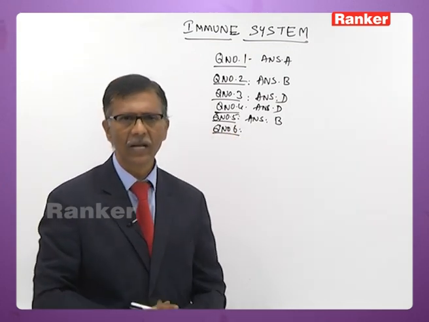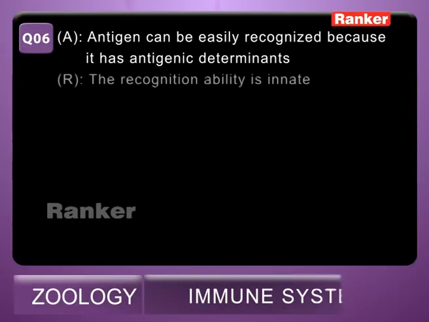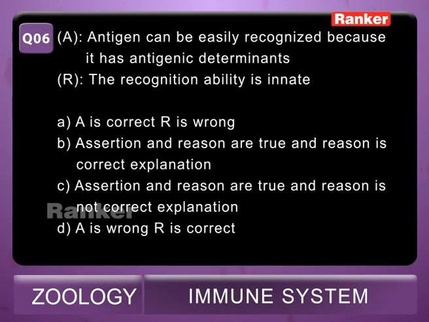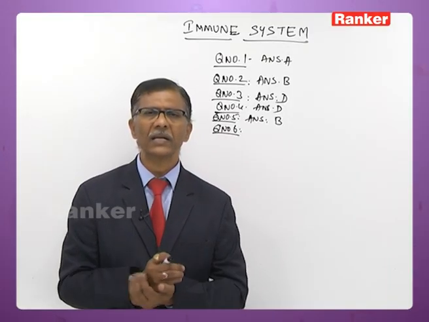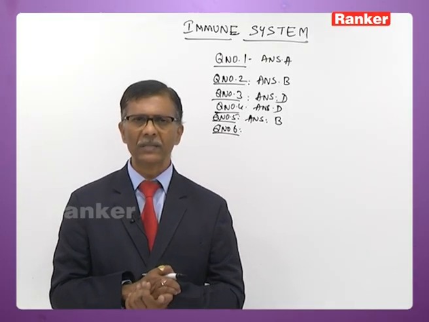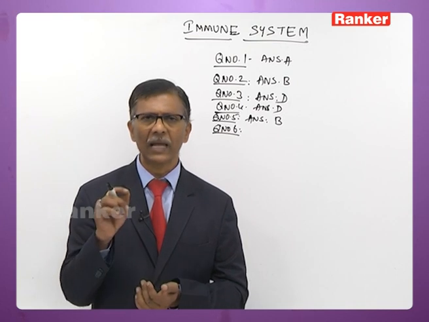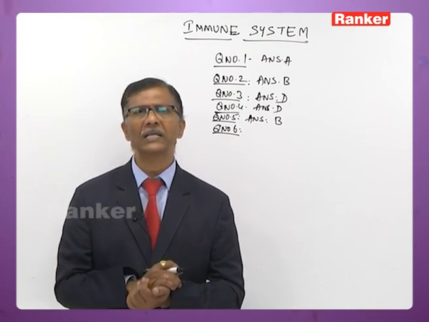Now question number 6, you have an assertion here. Antigen can be easily recognized because it has an antigenic determinant. Reason: Recognition ability is innate. Every antigen that enters the human body has certain antibody recognizing sites.